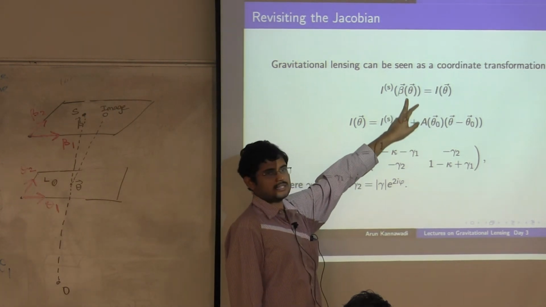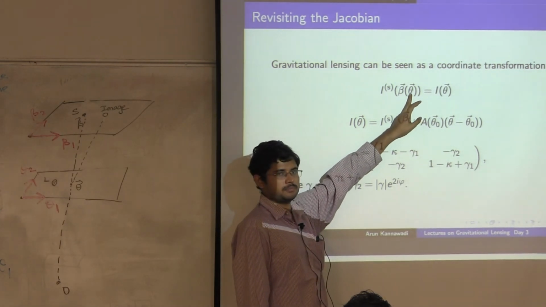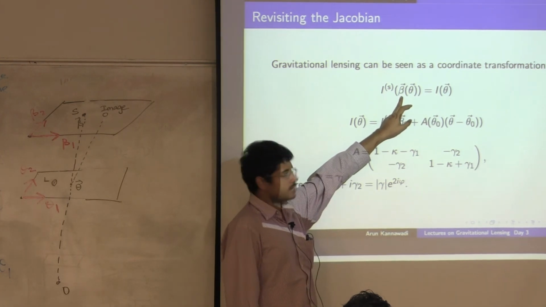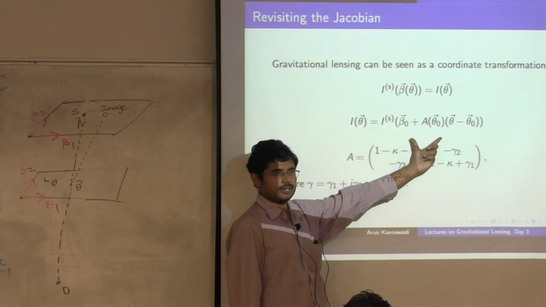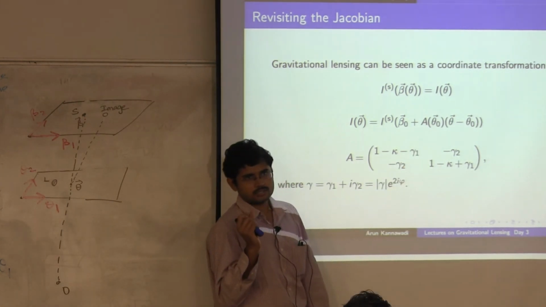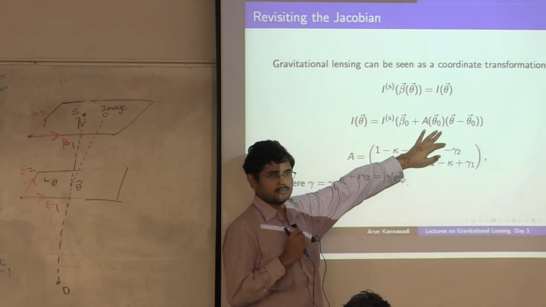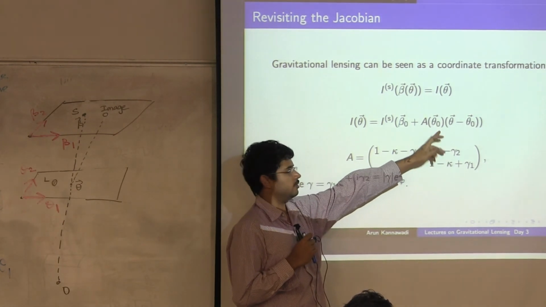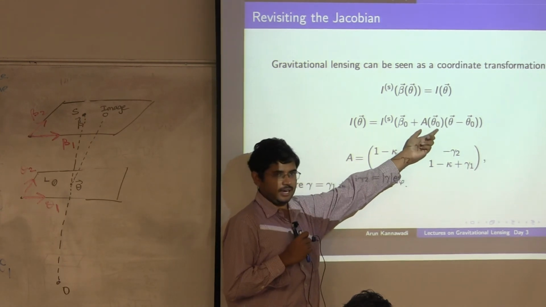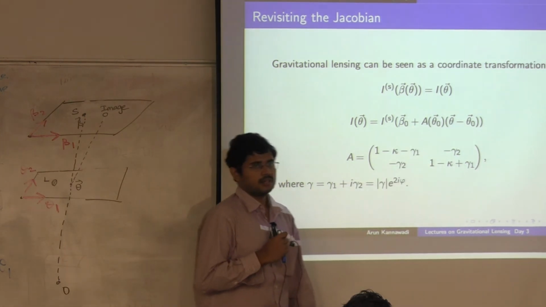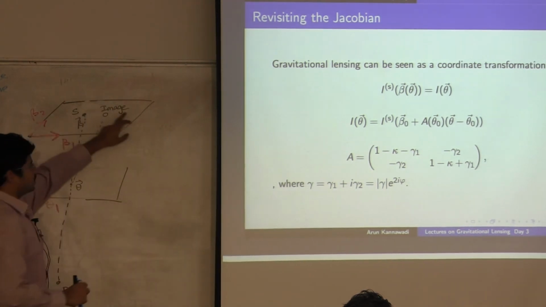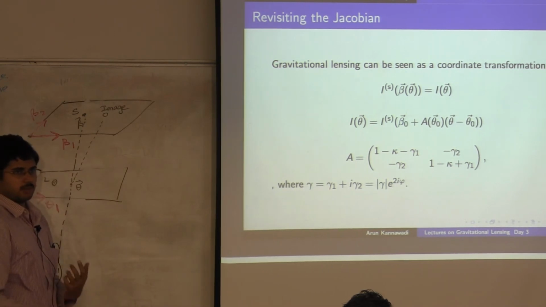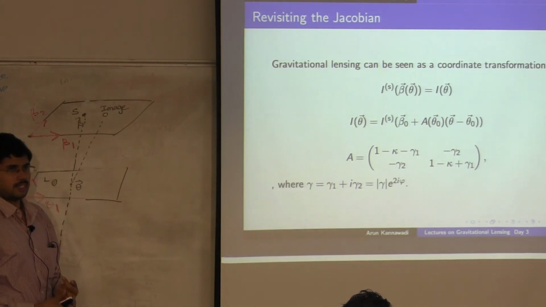This function essentially says you can give me an image position theta and I can tell where the source is, beta. That is not necessarily a linear function of theta, but in a small range of values around the image we can assume it's linear. That's a basic Taylor expansion, stopping at the linear term. So this matrix A depends on the source position itself, which means if you change the source or the image position, you will have a different A matrix, which means it will have different G1 and G2.